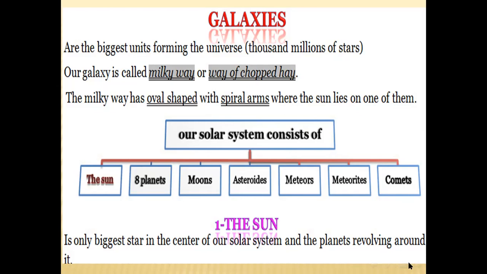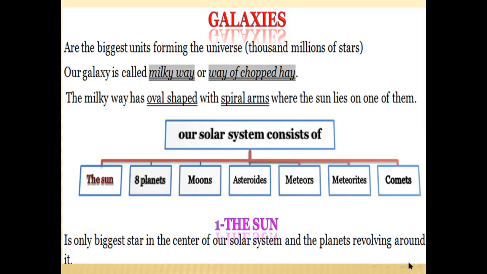Number 1, the sun. The sun is considered the only star in our solar system, not the only star in the universe. The solar system consists of the sun and 8 planets, comets, asteroids, meteorites, meteors, and so on. So the only star in our solar system is the sun. Of course, the sun has a medium-sized shape.